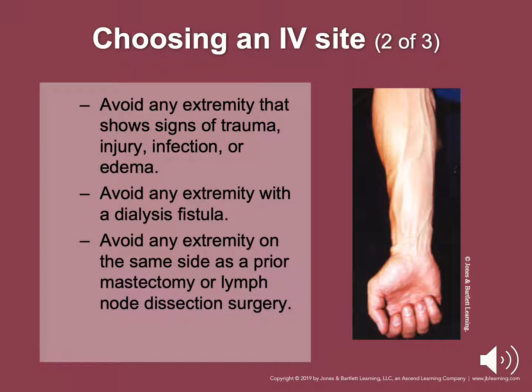Also, as another rule of thumb, you can use them, but we don't recommend it for patients having stroke-like symptoms. That way, there's no possibility of throwing a thrombus also.